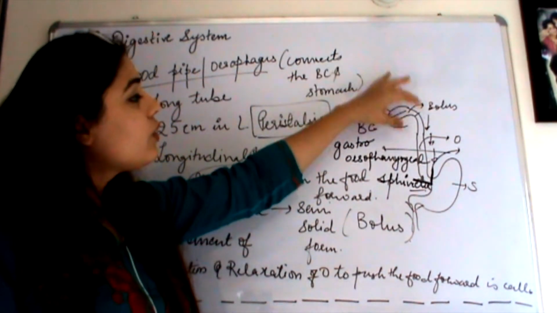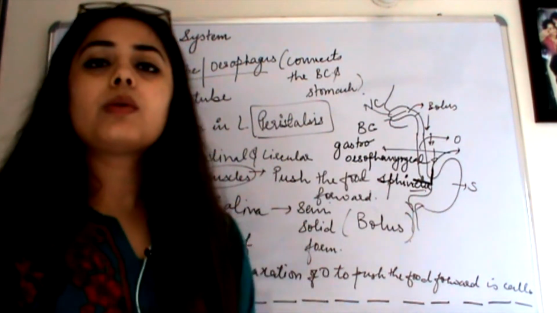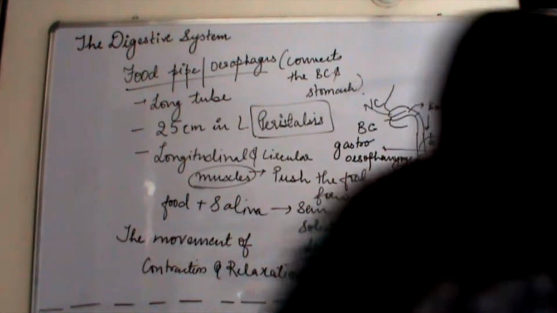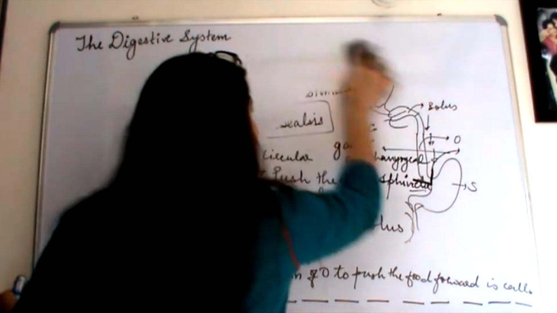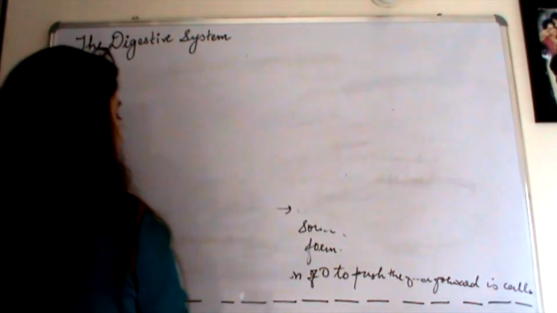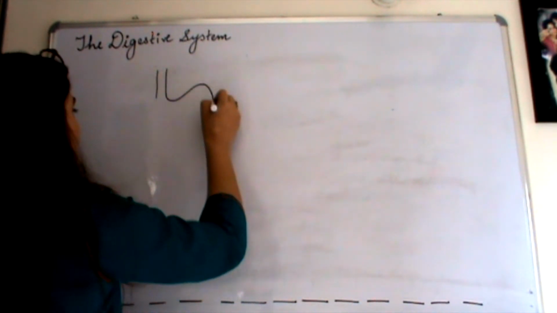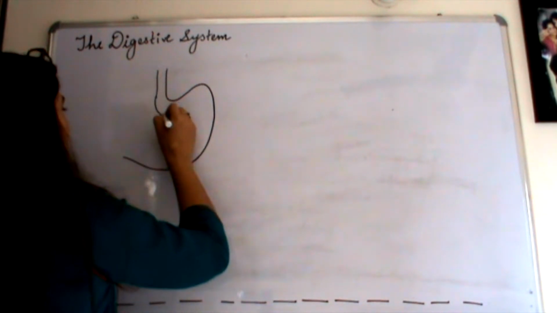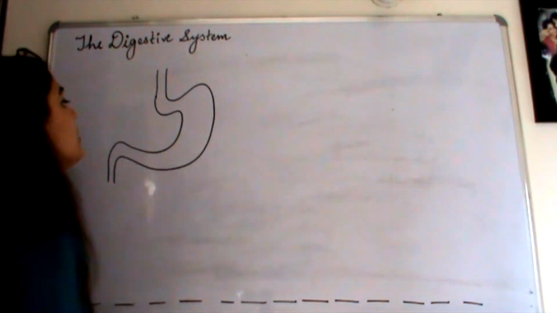So now we know that food is moving forward and has entered the stomach. Now let's talk about the stomach. Right? We know that the stomach is a J-shaped structure. This is the stomach.